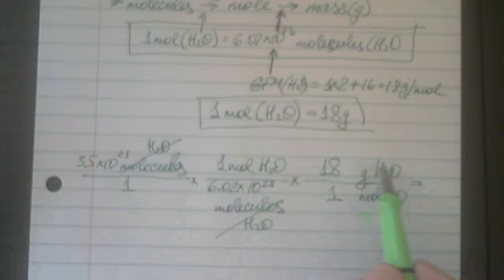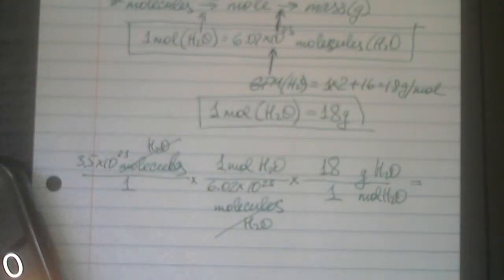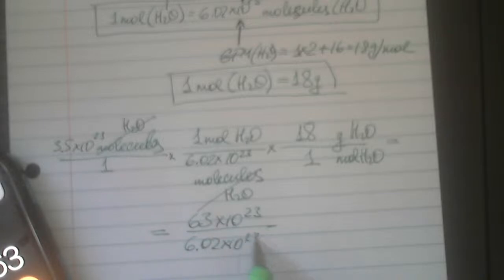Then I multiply all the numerators, and I lost my calculator again. So let me fix it. So we are looking at 3.5 times 18 equals 63 times 10 to the power of 23 over the product of all denominators, the number over here.